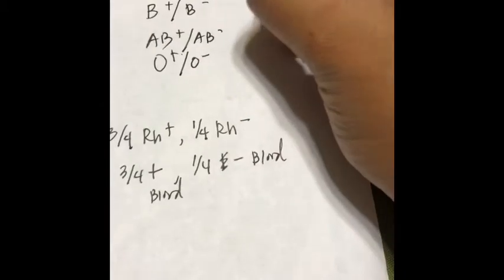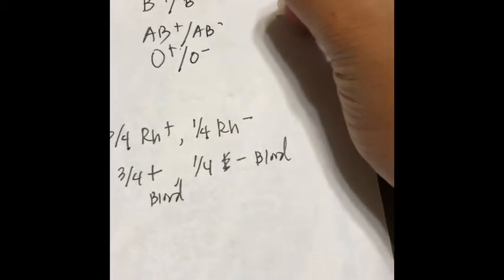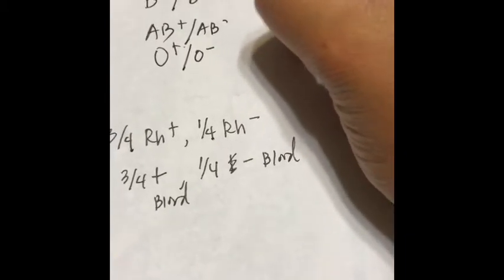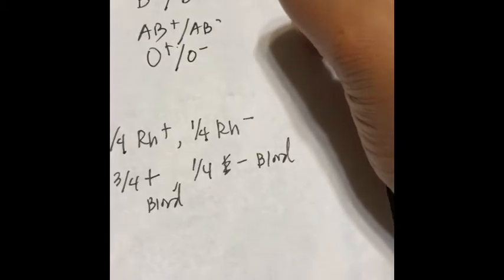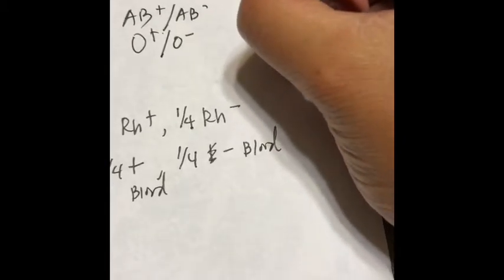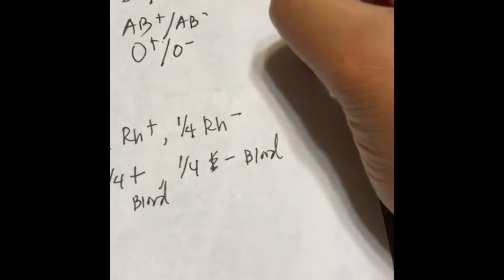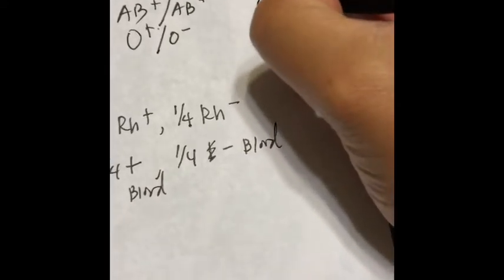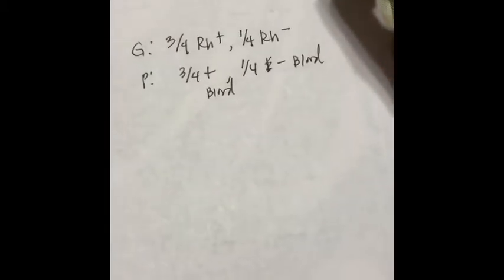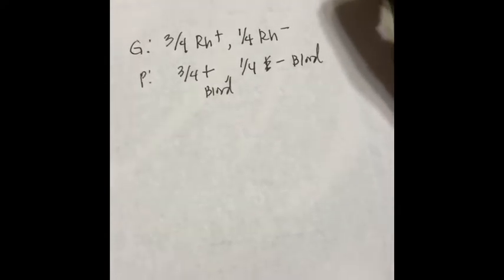But the genotypes remain the same. The only thing we're going to be adding now is the plus or minus for each. Okay, this is going to start to make sense once we do some examples.